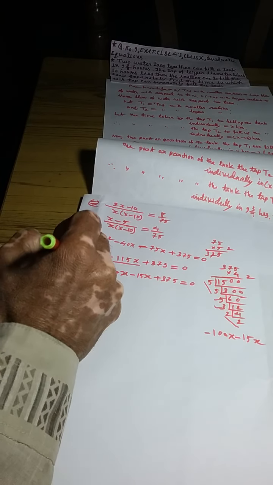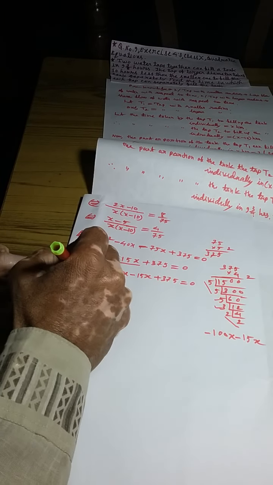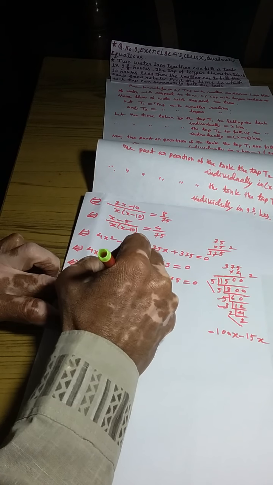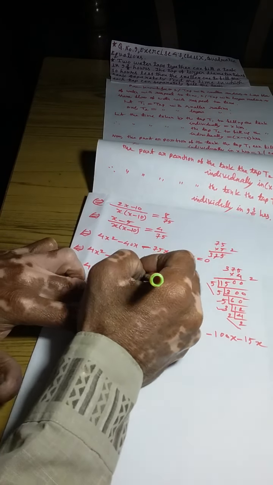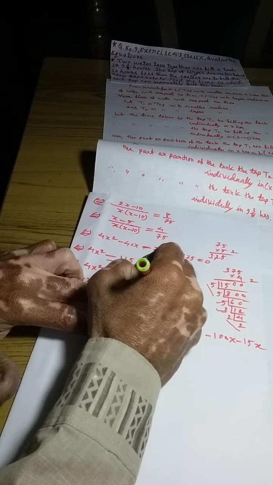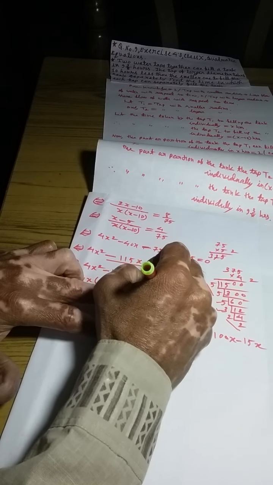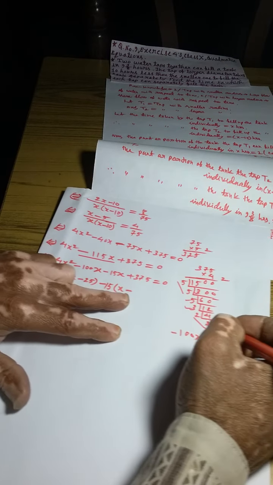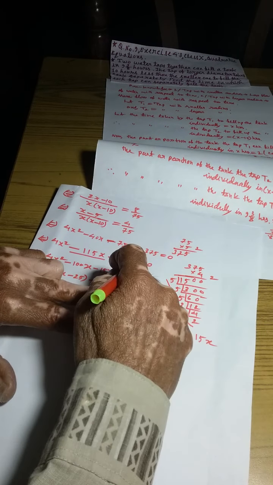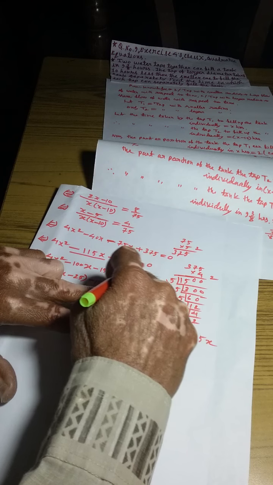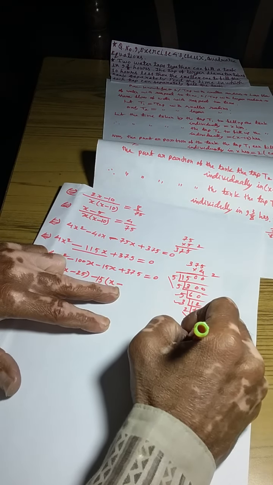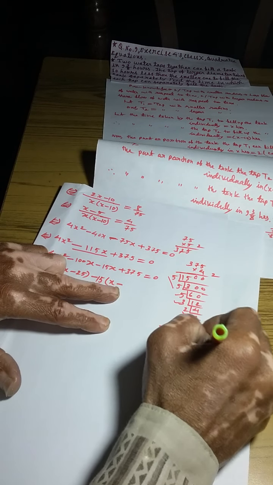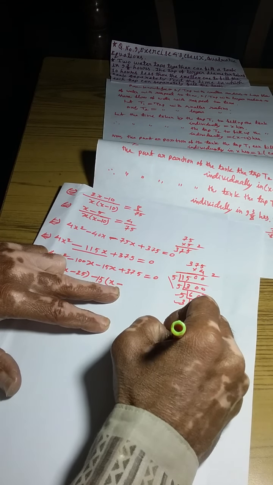This again implies 4x into x minus 25 minus 15 into x minus, if we multiply, since multiplication is the inverse of division, we can divide the number 375 by 15.